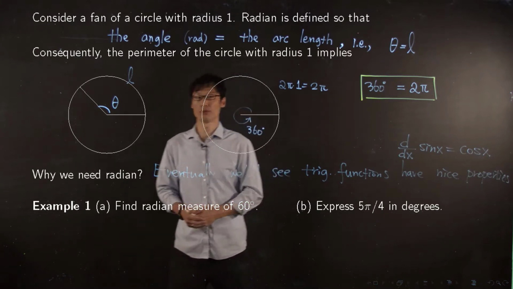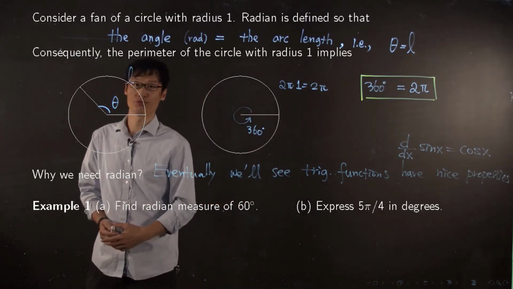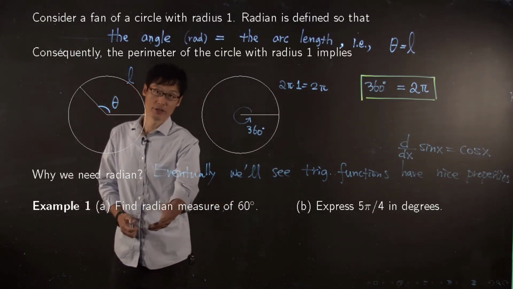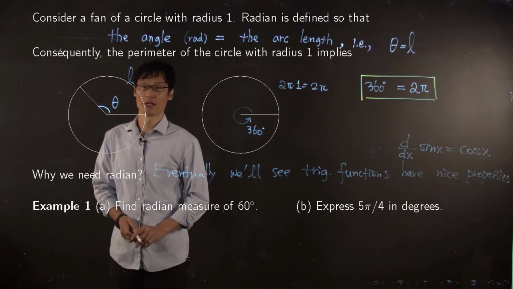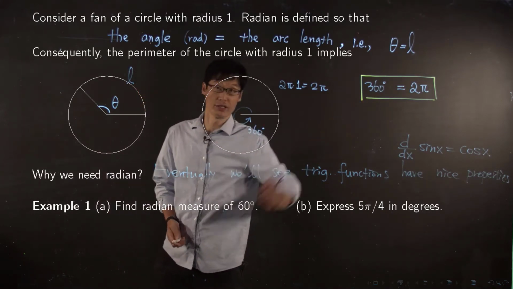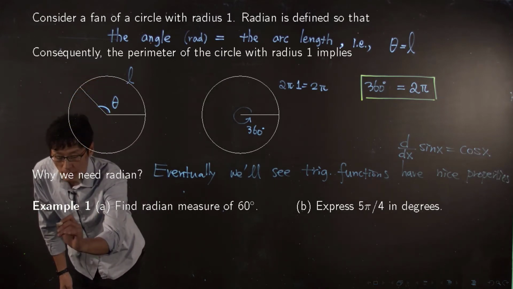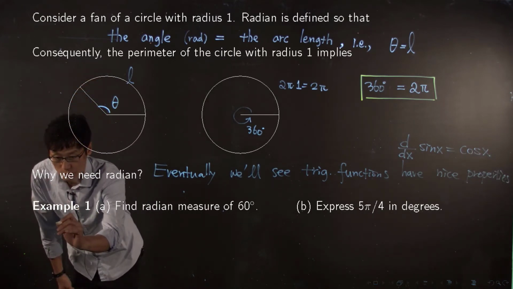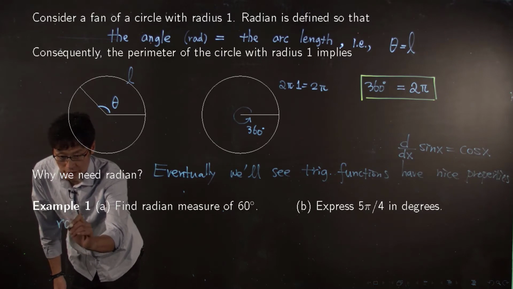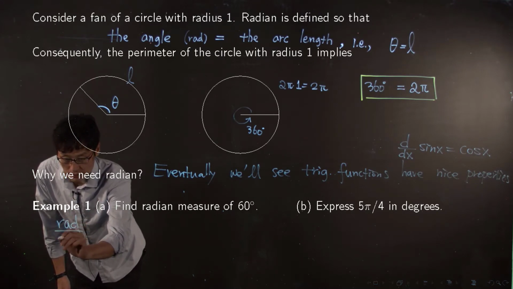Okay, so quick example. The first question asks how to find the radian measure of 60. Well, you can use this identity. You can use the ratio, radian over degree.